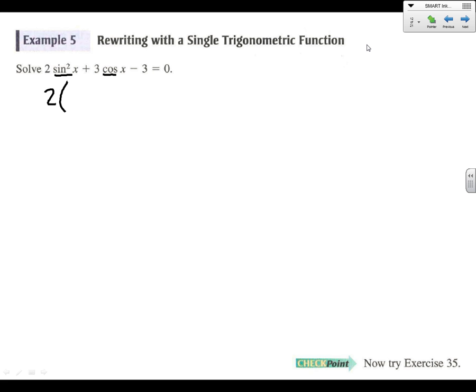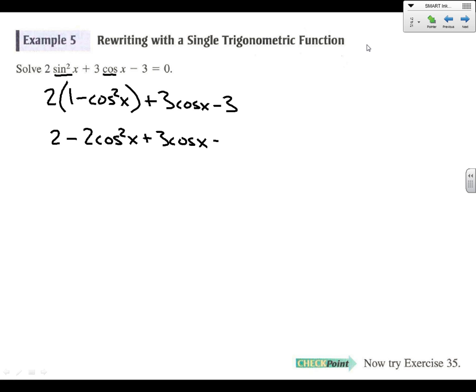So we need to get the same trig function going here. We're going to use our Pythagorean identities. We know that sine squared is the same as 1 minus cosine squared, so we could sub that in, plus your 3 cos minus 3. So now we've got 2 minus 2 cosine squared x plus 3 cosine x minus 3 all equals 0.